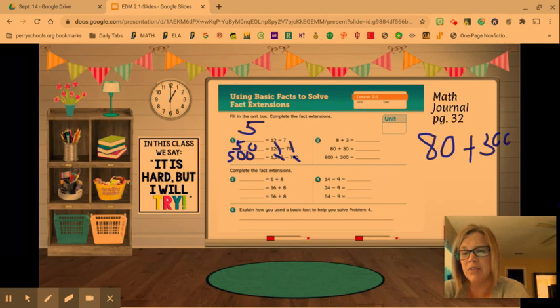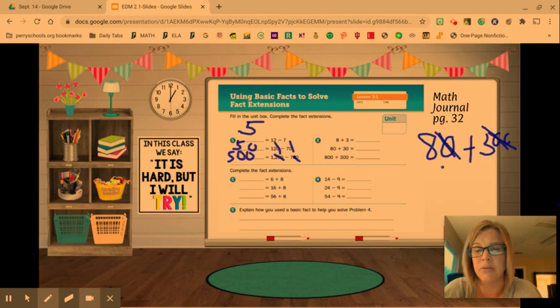You can't just cross these off because there's 2 zeros and this one has 1. You have to cross off the same number of zeros on all 3 of those parts. So your 2 numbers that you would add, you'd have to cross off 2 zeros, and then your answer, you would have to add those 2 zeros. So we can't mix tens and hundreds.